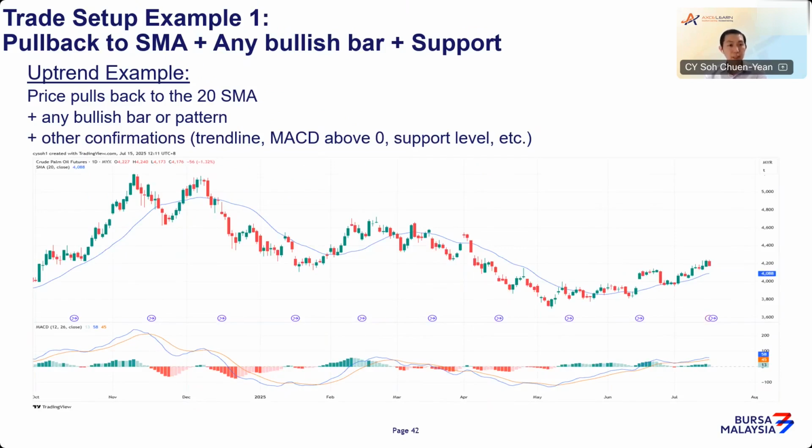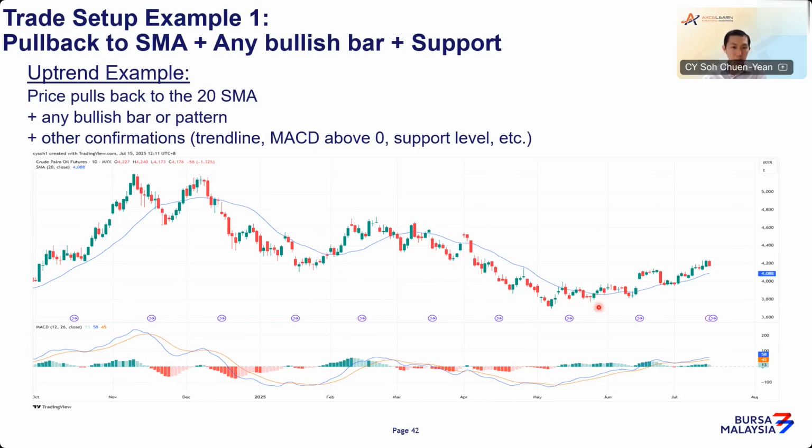Whenever price pulls back to your 20 days moving average line, then we want to find an opportunity to take a trade. Whenever you can see price come back down to your moving average, for example here, price goes up, and then it comes back down. Okay, this is what we call the pullback trade.